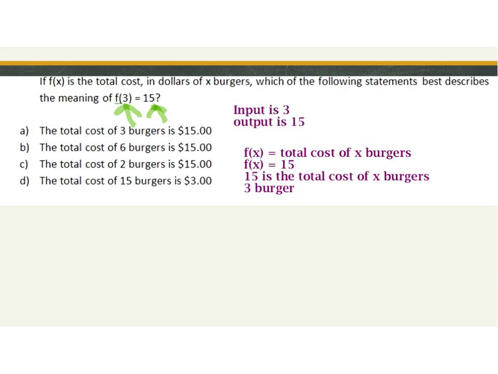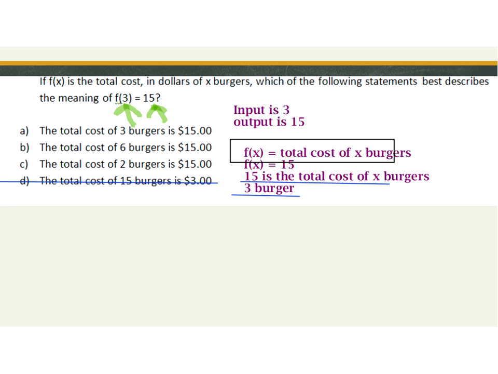All right. So I see a correct answer and I see an incorrect answer. Remember, it said F of X is the total cost of burgers. So obviously, the total cost of burgers is not $3. So it couldn't be D, right? Now we say 15 is the total cost of burgers. We figured that out.